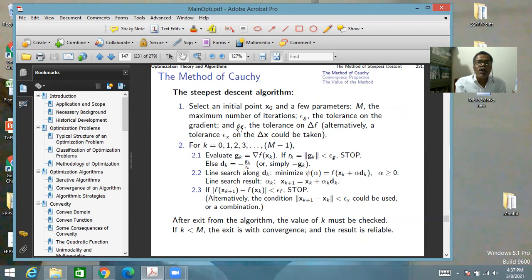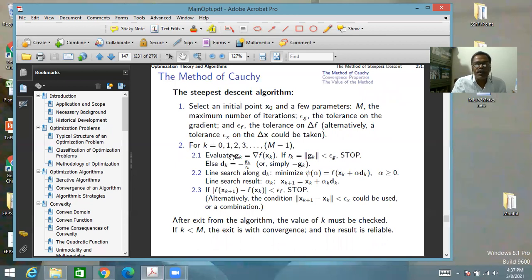Alternatively, rather than taking a tolerance on improvement in function value, you could have taken a tolerance on movement in the solution space. It would be an alternative. Or you can use a combination also. Now, with this much preliminary work, you start the iterations.